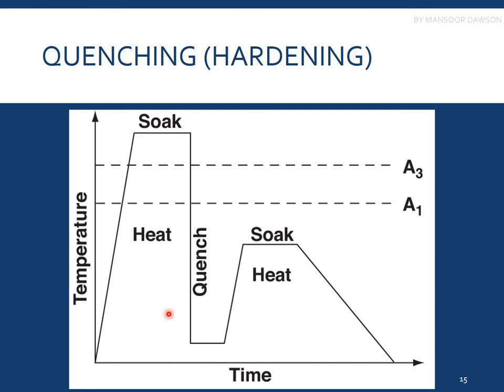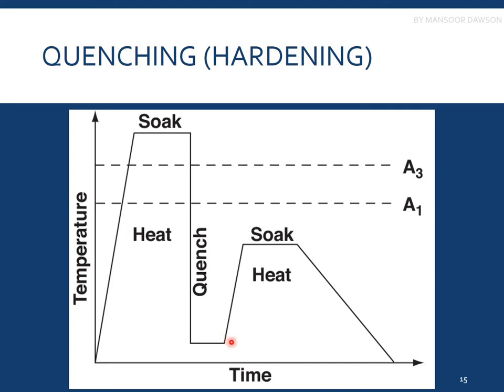So that is also called a diffusionless transformation, and the BCC structure of the ferrite is now converted into the BCT structure. We'll also be discussing that. So this is basically quenching, in which we suddenly cool our material at a very high rate to induce hardness.